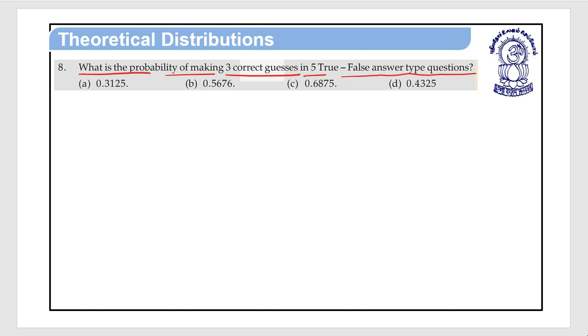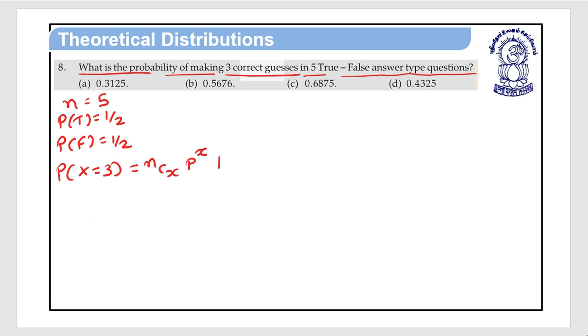In 5 true-false, the number of total questions is 5. So the probability of true is 1 by 2, the probability of false is equal to 1 by 2. So for 3 correct guesses, P of X is equal to 3.